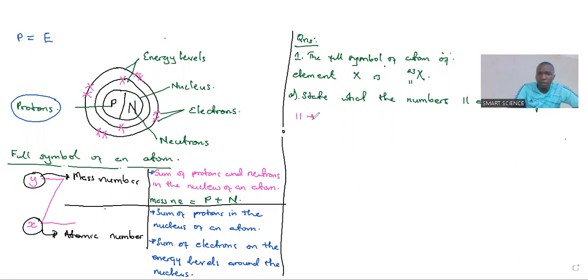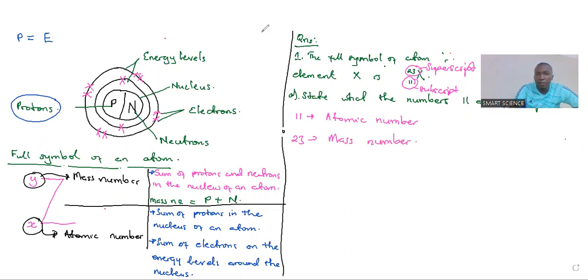Since 11 is the subscript, it is representing the atomic number, and 23 being the superscript, it will be representing the mass number.